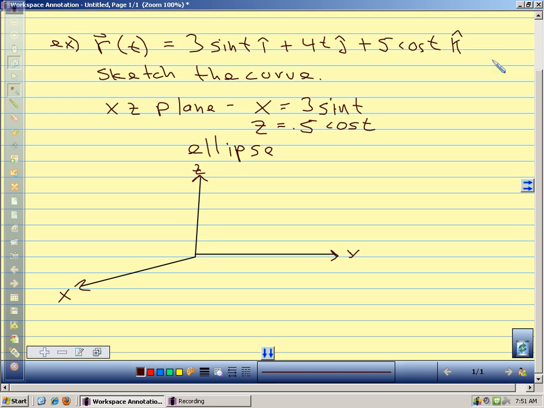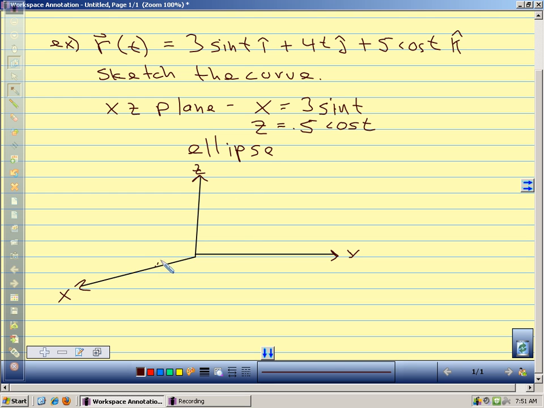So I'm going to sketch out my ellipse. Here, which is going to be my major axis, the X or the Z? Z is going to be my major axis.